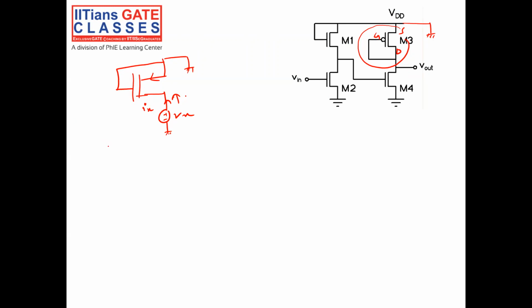Okay. So let us do the small signal equivalent circuit. There is a gate, a drain, and a source. I am having a VGS as the gate voltage, and from drain to source I have a current source that is nothing but Gm into VGS, and the source is grounded, right?